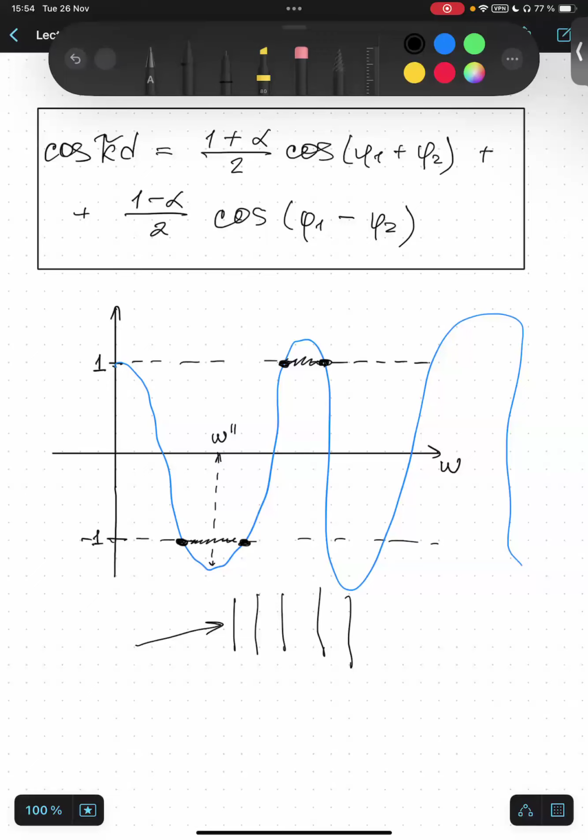And since you have no real solutions here, you will just have evanescent waves. So basically, the light will reflect from this structure, and you will not achieve any transmission in your system. You will just have the reflection. So it is called the band gap in photonic crystals.